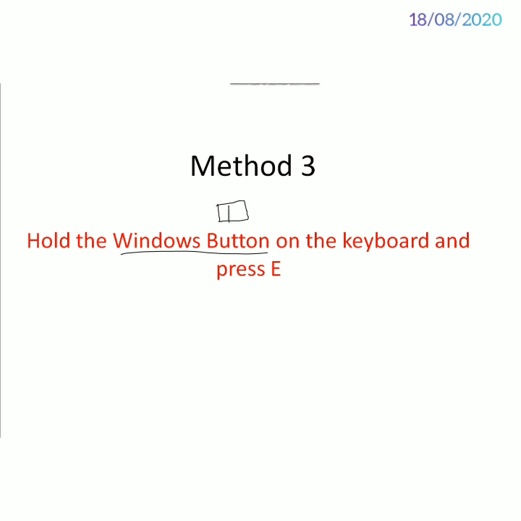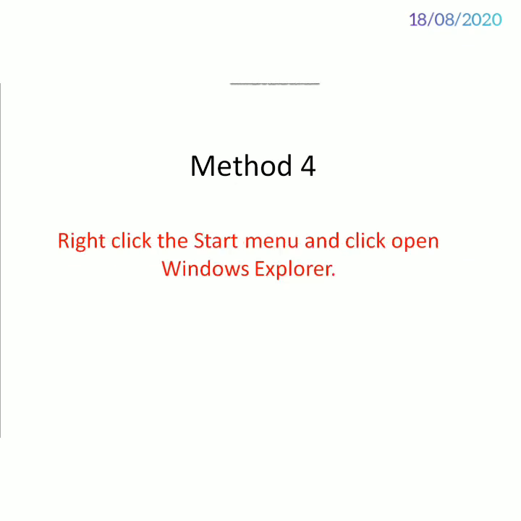So what you have to do is hold the Windows button, then press the alphabet key E. That means first you hold the Windows button, then you press the key E. Is all of it clear? Then you will be able to see that the Windows Explorer window will open up. This is method 3. Now let us move on to method number 4.